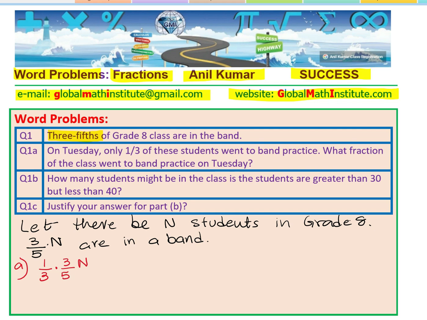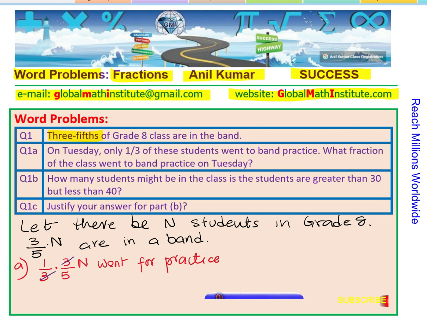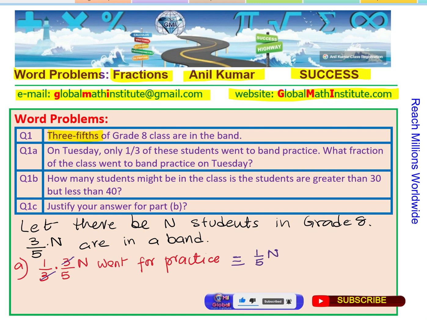So those many went for practice. Clear, right? So what fraction is it? You can simplify this. 1/3 of 3/5 n. So 3 and 3 will cancel. What are you getting here? This is equal to n over 5. So 1/5 of n.